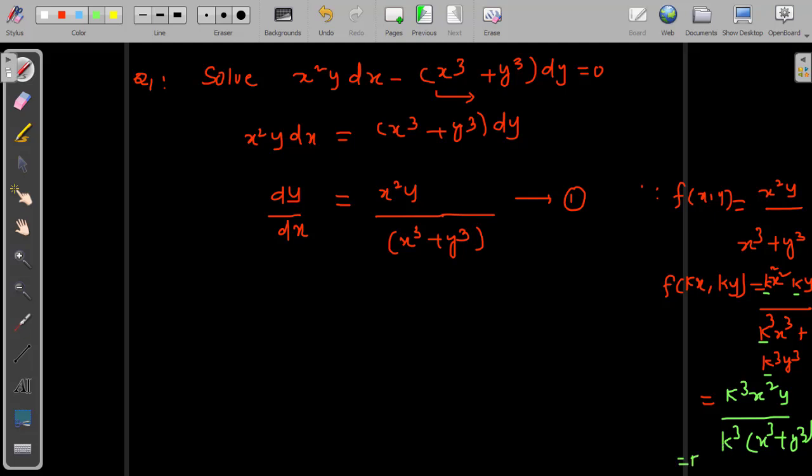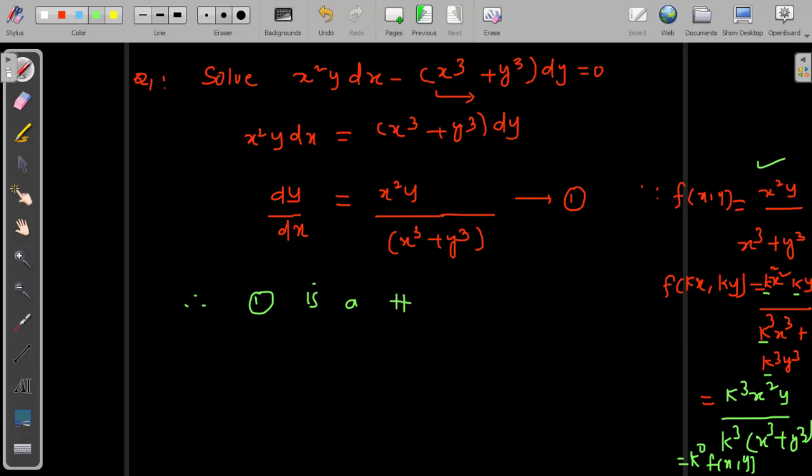It is nothing but k power 0 times f of x, y, because we get back the same function, x square y divided by x cube plus y cube. So k power 0 f of x, y, which means this function is a homogeneous function with degree 0.